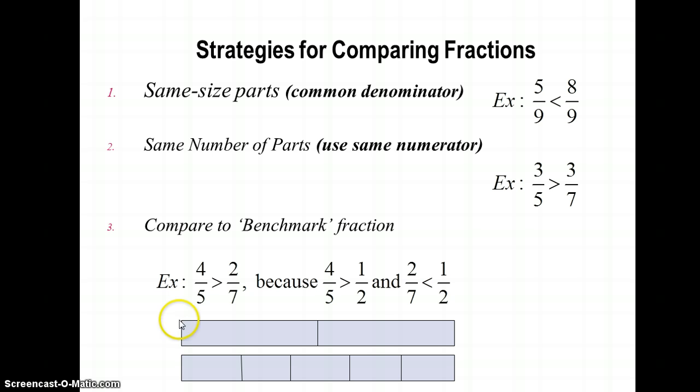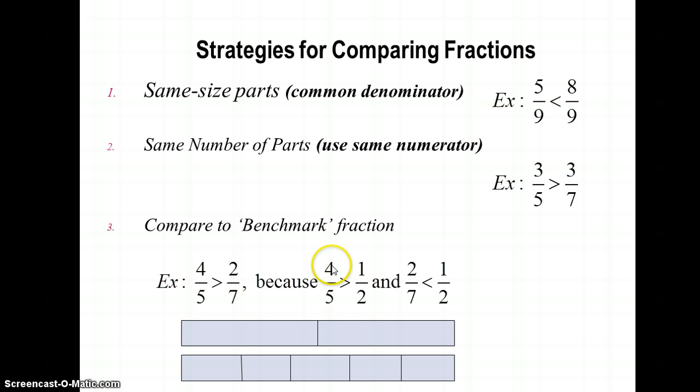So if this is my unit from here to here, then 1/2 is this portion here. So I could compare 1, 2, 3, 4, 5, 4/5 to 1/2. So 4/5 is going to be this large portion, which is greater than a half.